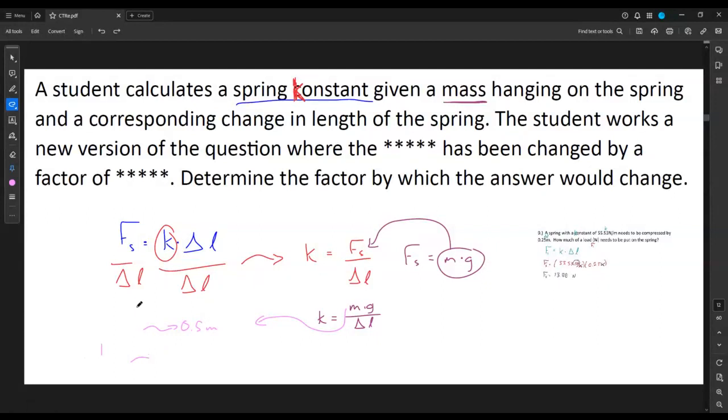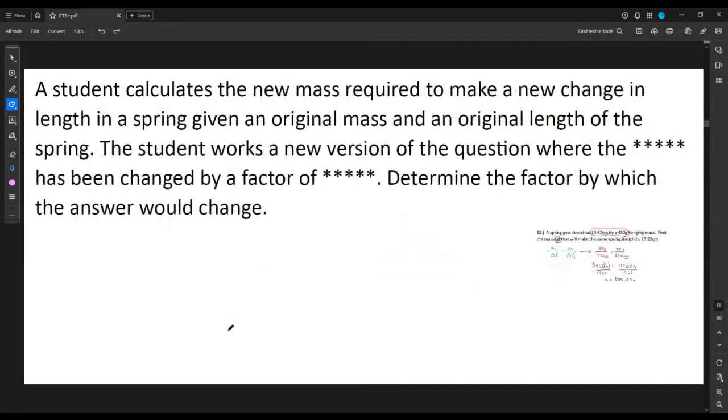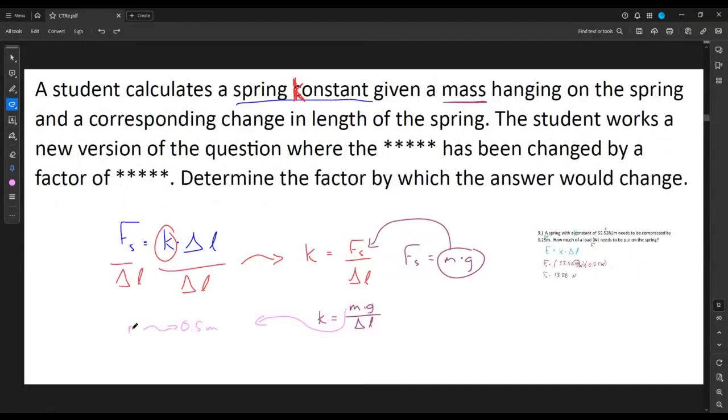Gravity would be unchanged, so that would be 1. Change in length was, as far as we know, unchanged, so that would be 1. And so these 1s aren't really going to do anything, and we would get 0.5, or just the original factor back.